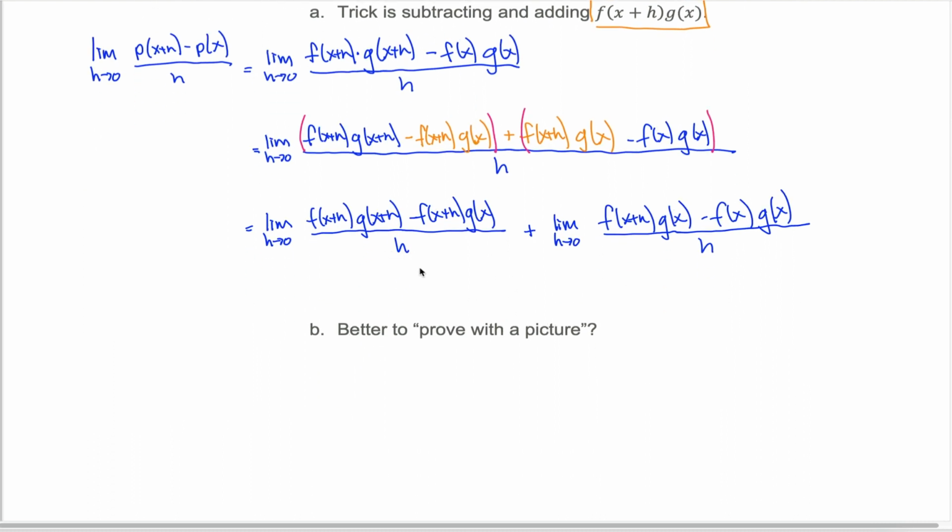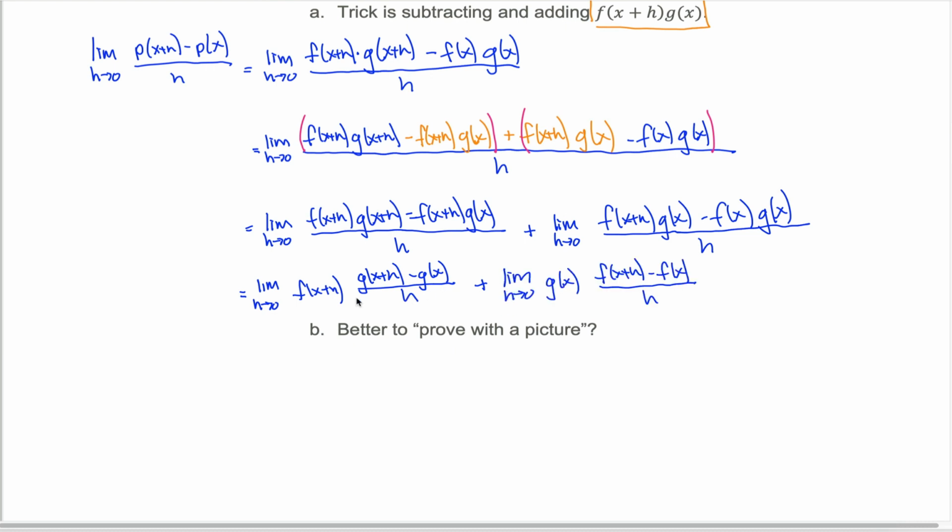The final step before we evaluate the limits is to recognize that up here in the numerator, it's hard to see the minus sign, but we're subtracting these guys. Each of the terms have an f of x plus h in them. So I can factor out this f of x plus h and this f of x plus h and pull that out in front of my fraction. Similarly, over here, both of the terms have a g of x in them. So I can take that g of x and pull it out in front of my fraction.